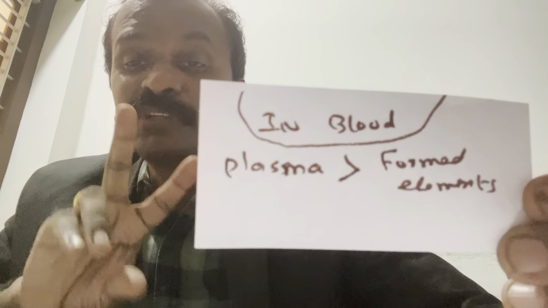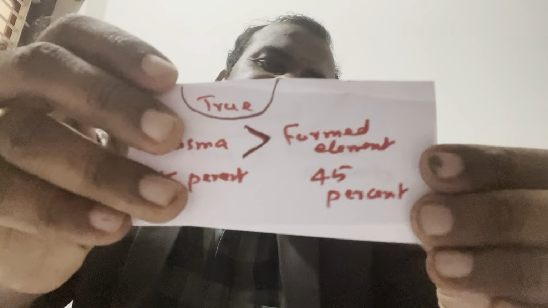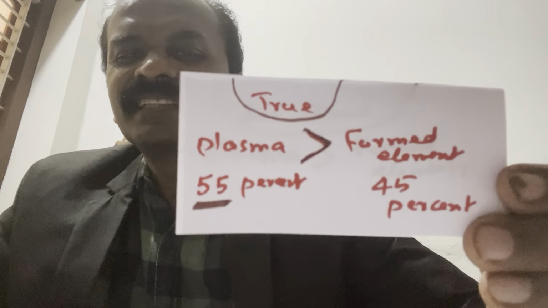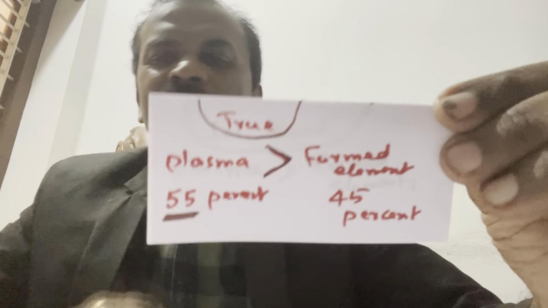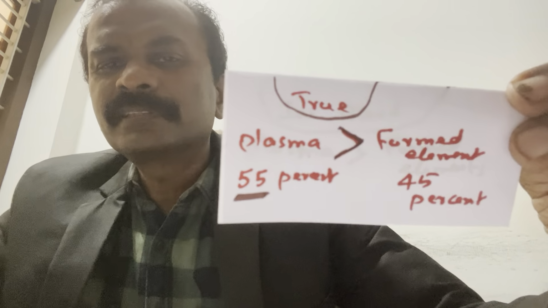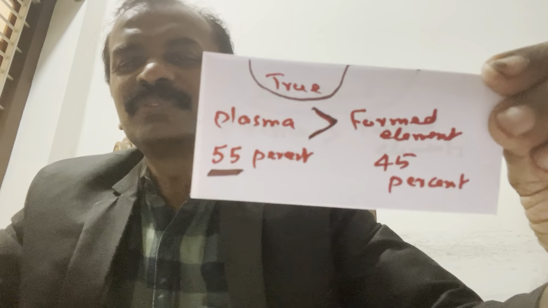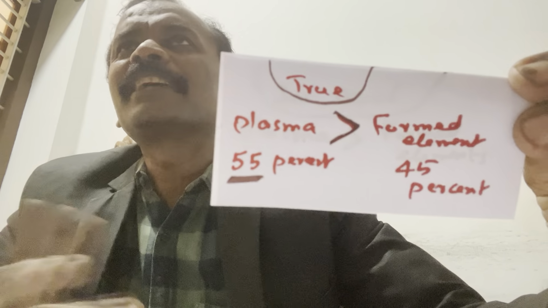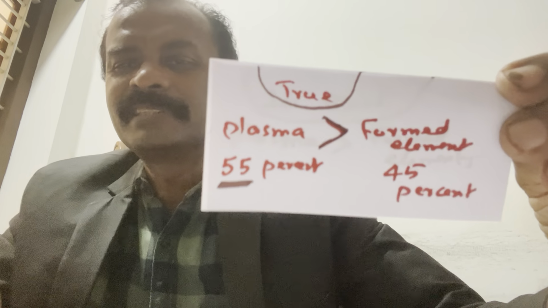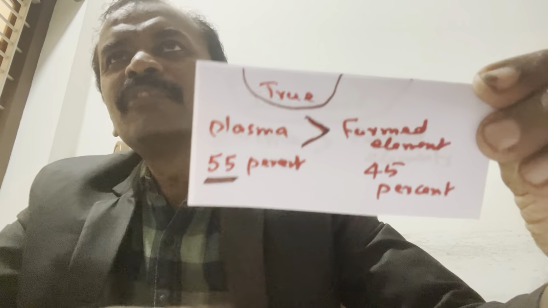Yes, you have to know 2 points. Yes, it is a true statement. Plasma 55% and formed elements 45%. These two are separate MCQs also. So what is the percentage of plasma in blood? 55%, separate MCQ. What is the percentage of formed elements in blood? 45%.